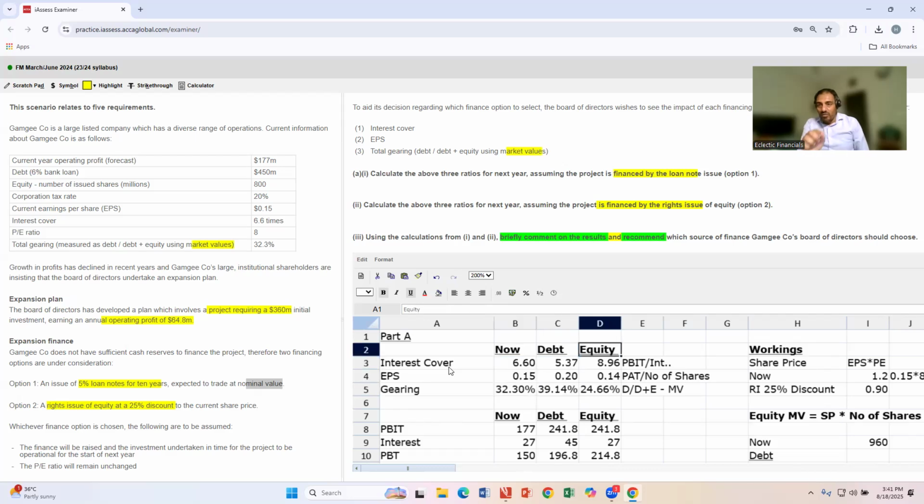But if you move towards now versus equity and also compare debt versus equity, your interest cover increases and gearing reduces. Overall financial risk reduces. But the problem is that the EPS return with the new project is reduced. That's the reason the more suitable option in this case is debts.